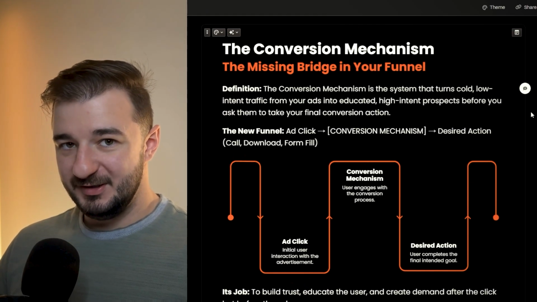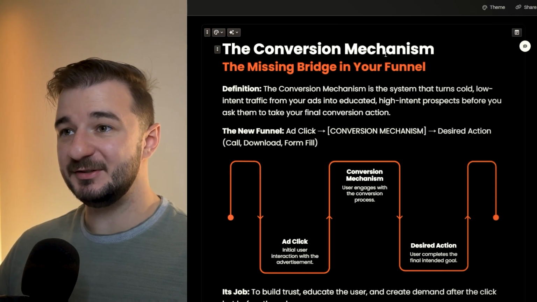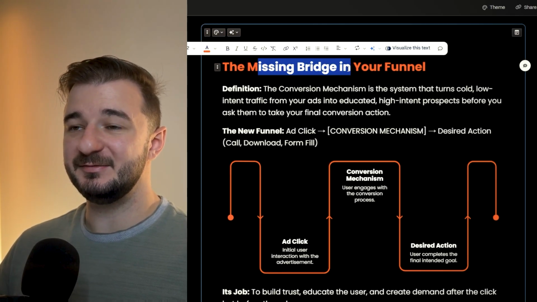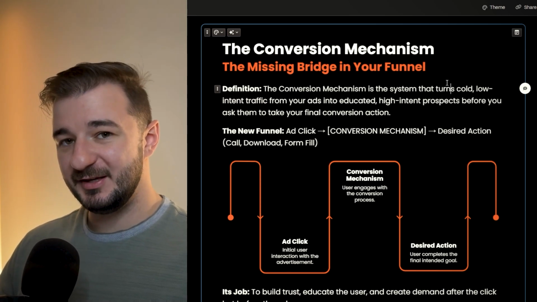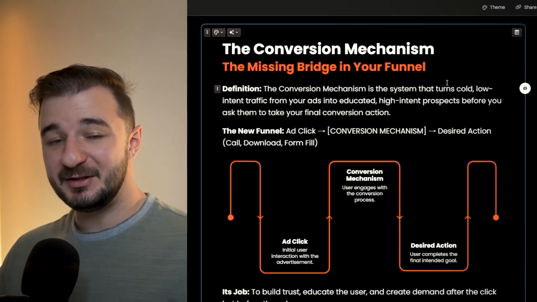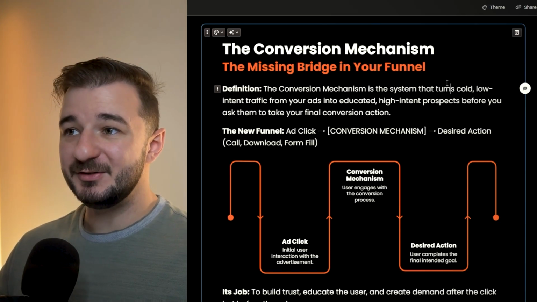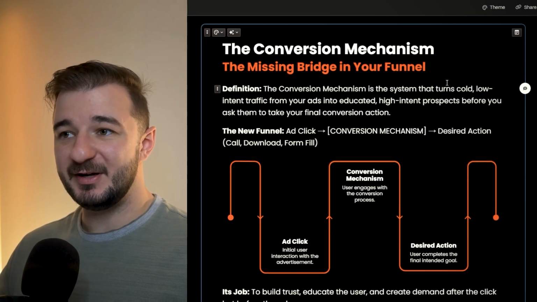Now, what is the missing link here? Well, this is where the conversion mechanism comes into play. It is literally the missing bridge inside your funnel. So what the conversion mechanism really is, it's a system that turns cold, low intent traffic from your ads into educated, high intent prospects before you ask them to take your final conversion action.